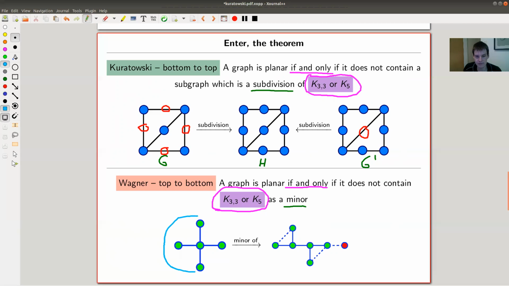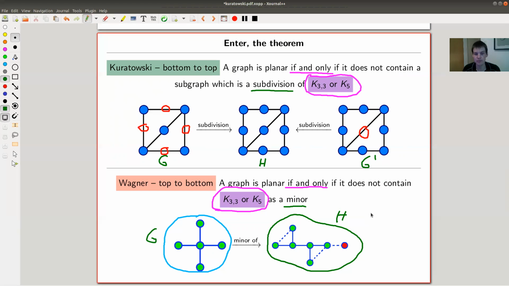This thing here is a minor of the graph on the right-hand side. And it's a minor in exactly the sense that the green vertices are the vertices of, let me call this G and let me call this H. Again, the big one is H. So G is a minor of H, and the vertices that I've marked in green are exactly the vertices on the right-hand side in H, and the edges that are not dashed are exactly the edges on the other side.